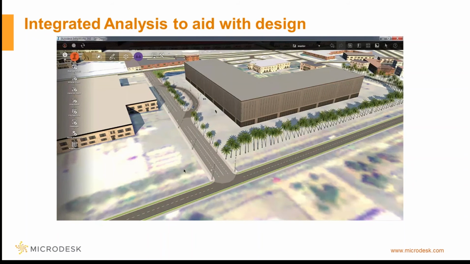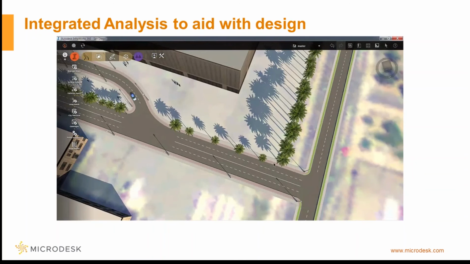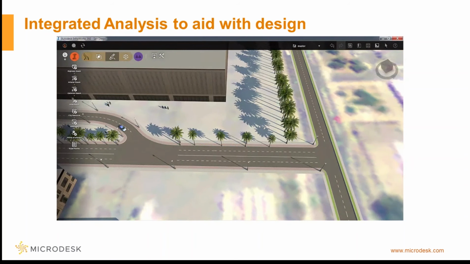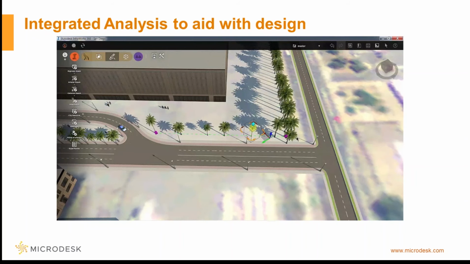Now that adjustment was very quick and easy to make, but as you can see, the row of trees that I placed in the front are now in conflict with the current design. So selecting those trees and using your grips, similar to Civil 3D and AutoCAD, can quickly update that design.